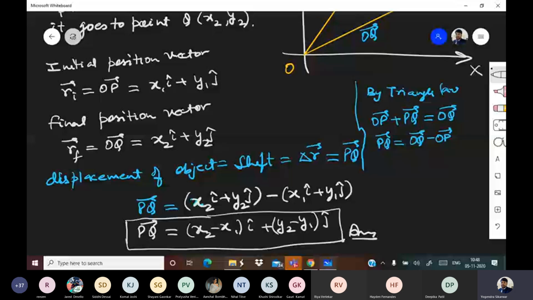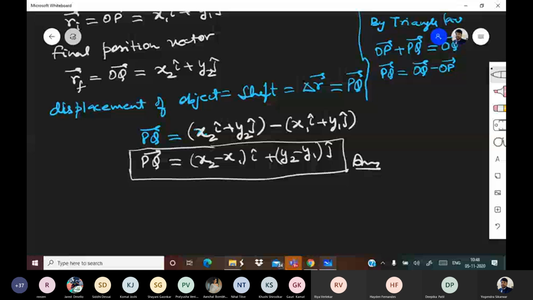So before we talk about the definition of displacement, let me give you a question so that you can solve and get understanding. An object is initially at point P, and I am taking this point as (3, 4).